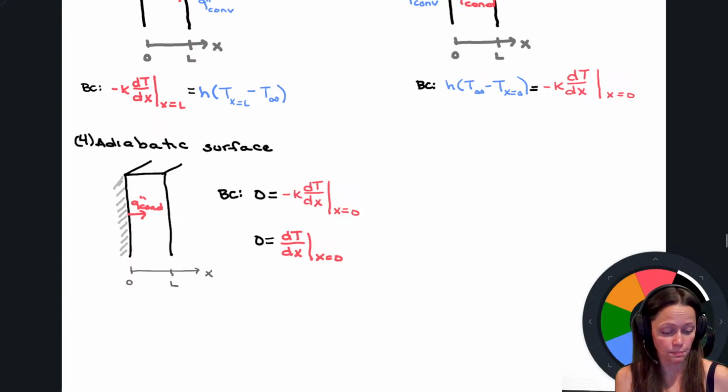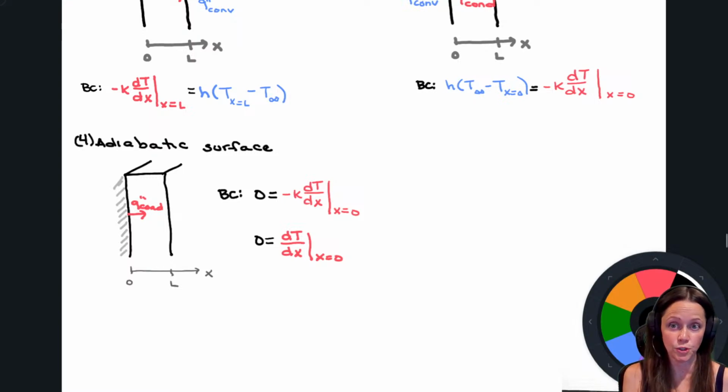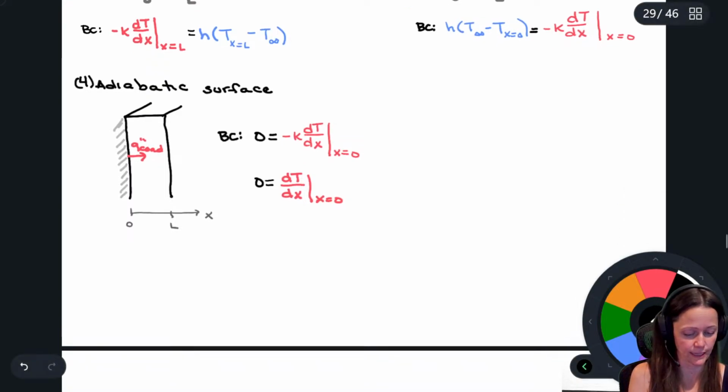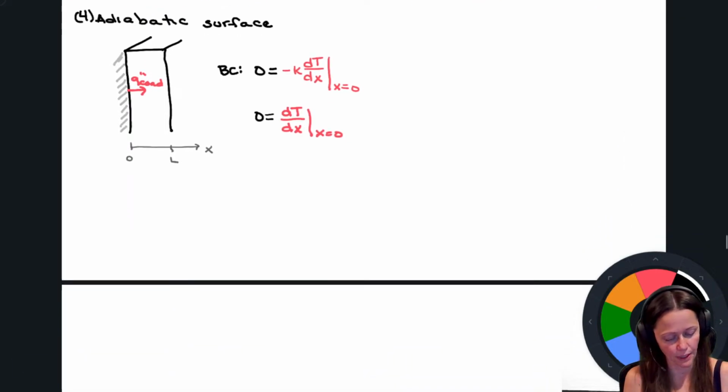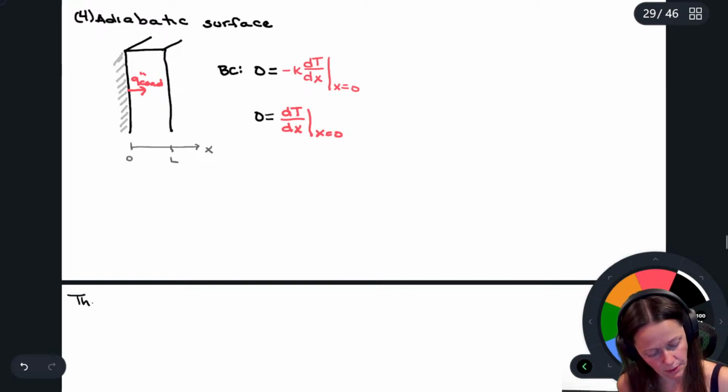So now I want to talk about thermal symmetry and how you can make your boundary conditions work out nicely mathematically. So let's put it right here. Thermal symmetry.